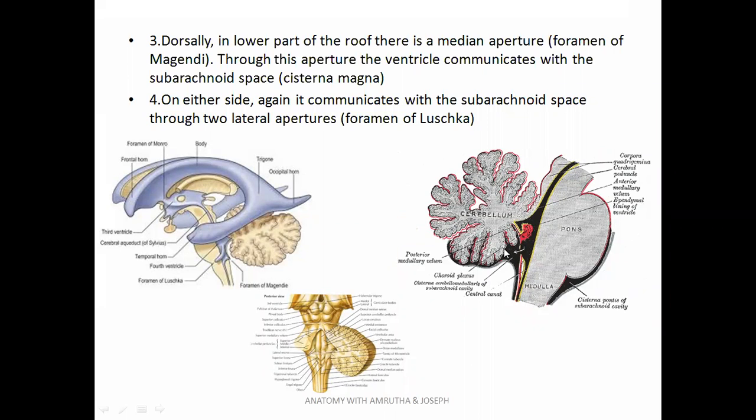Now, the pia mater of the cerebellum you cannot separate from the cerebellum, but you can see there is a separation between the pia mater and the arachnoid mater. That space is shown in this darkened area, which is the space between the pia mater and the arachnoid mater, and this space is called the subarachnoid space.